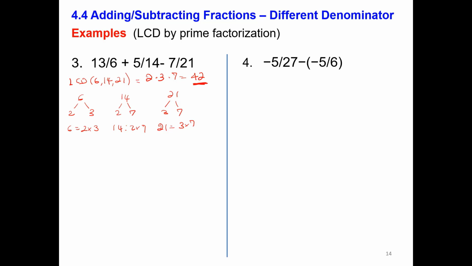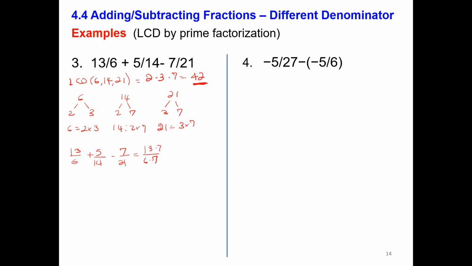In the second step, we want to find the equivalent fractions with 42 as the denominator. Let's write the problem here: 13 over 6 plus 5 over 14 minus 7 over 21. Let's create the equivalent fractions. To get 42, we need to multiply the first fraction by 7.